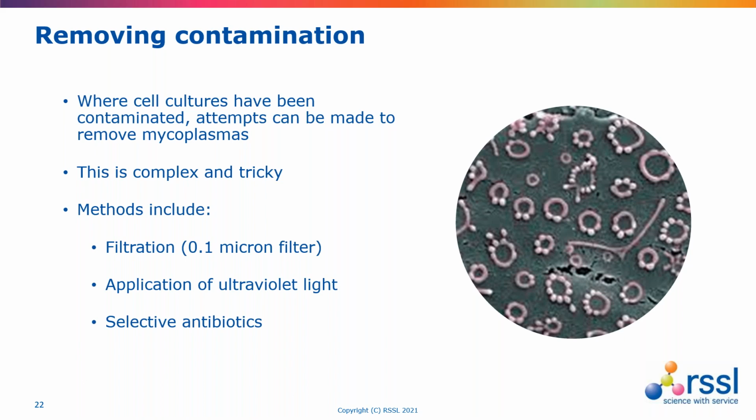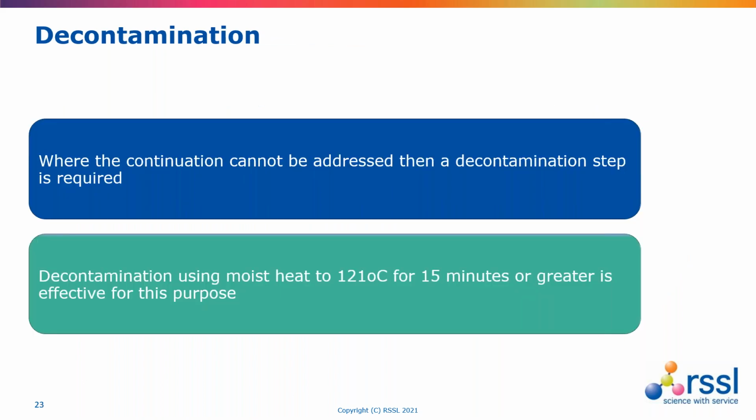So where we do not have a reliable method to remove the mycoplasma, we need to instigate a decontamination step. So it's important for good environmental stewardship, and also to stop the release of potentially antimicrobial resistant mycoplasmas into the environment, to subject the cell line to a proven decontamination step.